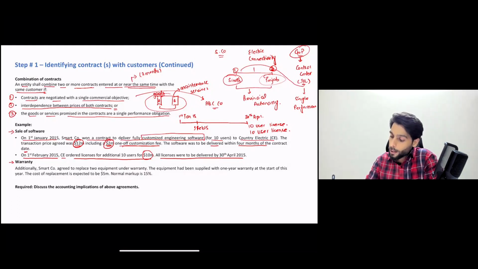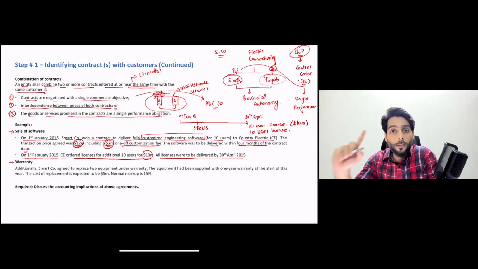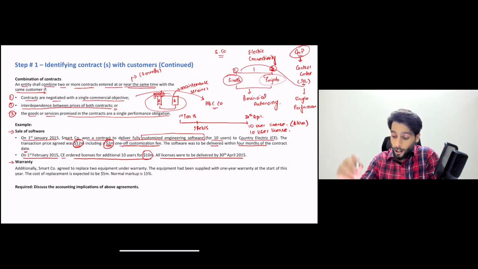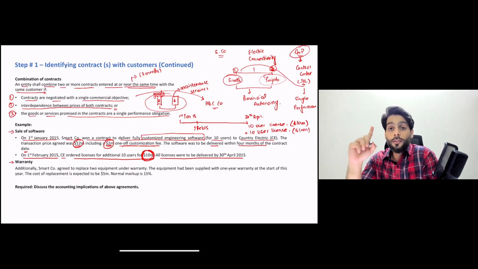So the normal price for these 10 user licenses was $10 million, and $2 million was a one-off customization fee. And if you see, it was not charged the next time. The additional 10 user licenses were also sold for $10 million, not $12 million. The one-off customization fee was not charged.